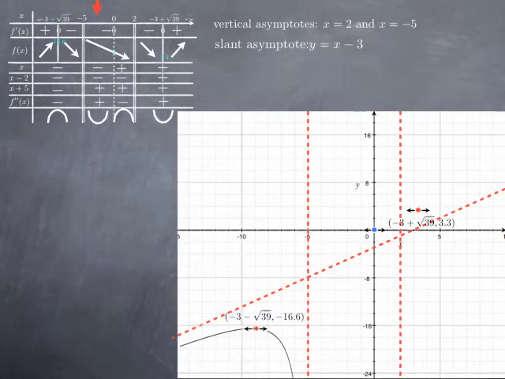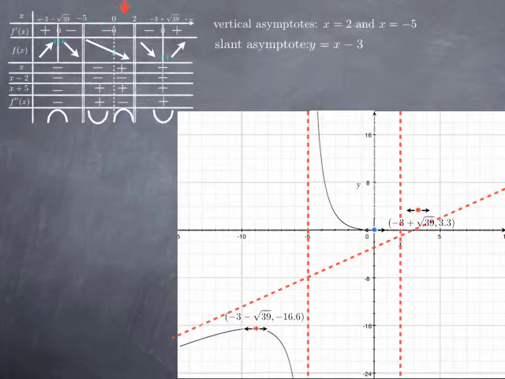On the other side of the vertical asymptote, on the interval negative 5 to 0, the function is decreasing, concave up, approaching x equals negative 5, so coming from positive infinity on the right of x equals negative 5, and is going to come to this inflection point with a horizontal tangent.